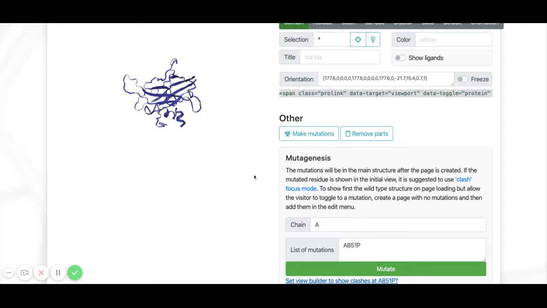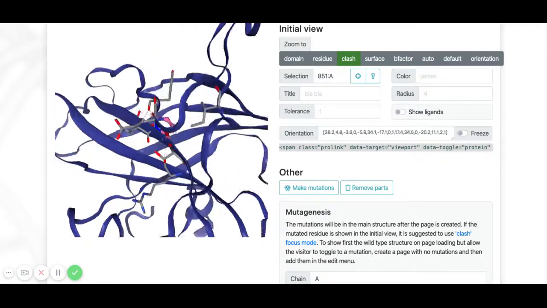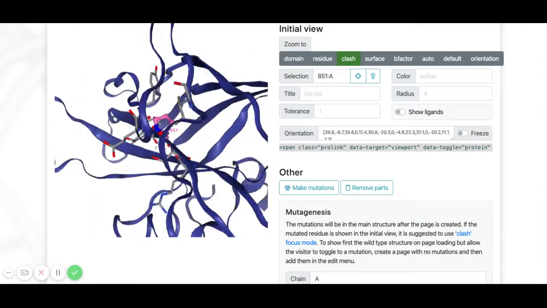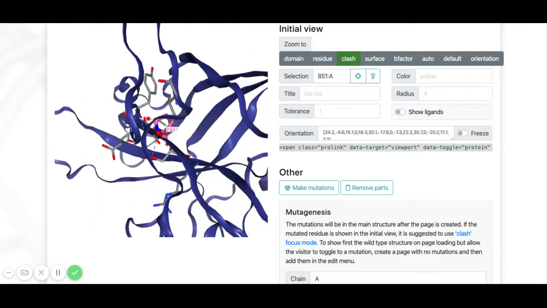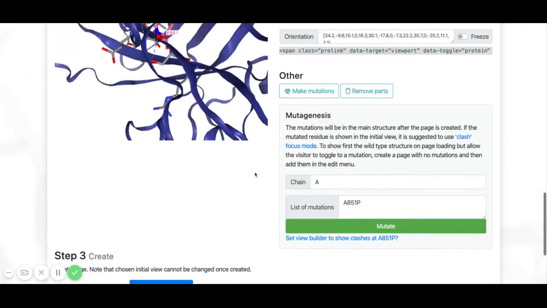Let's see what's happened. Aha! We've mutated, and there's some backbone strain, as expected, because a proline is quite a horrible residue. And now we can happily make the page.